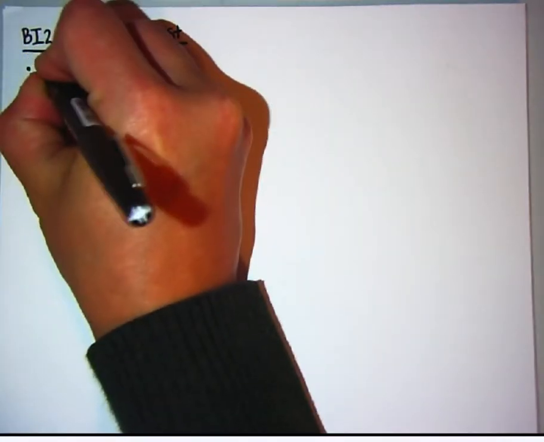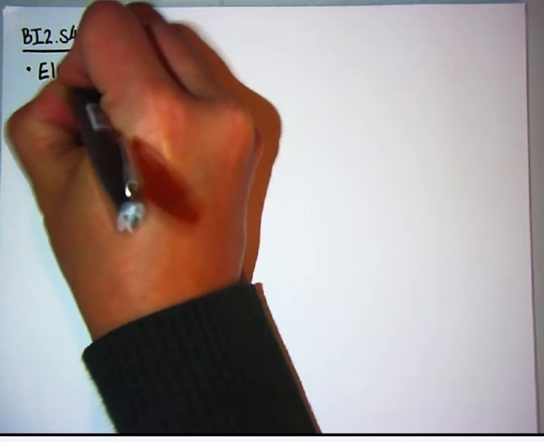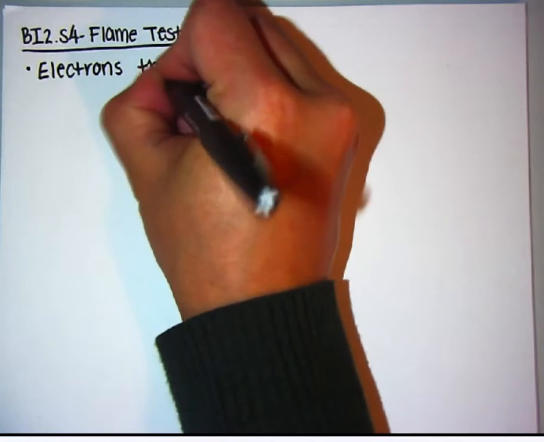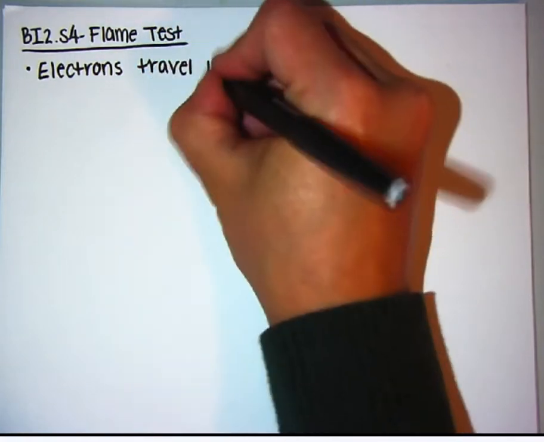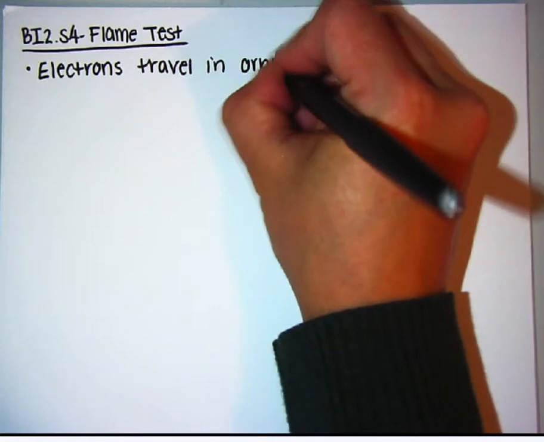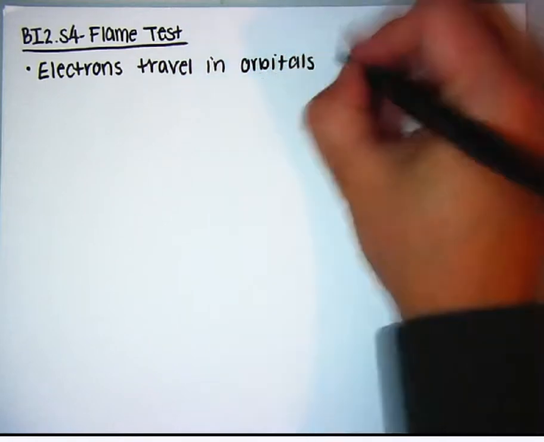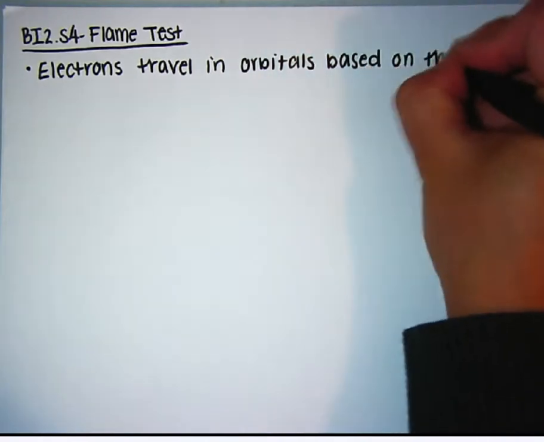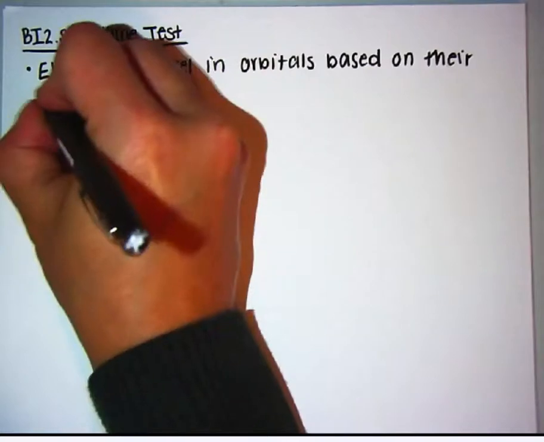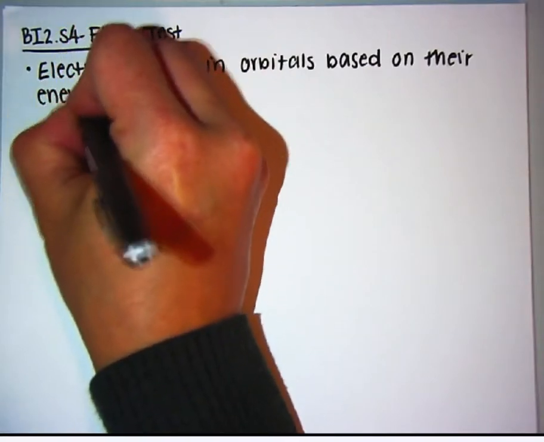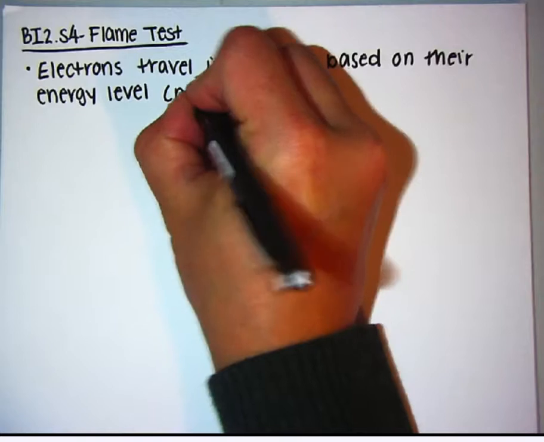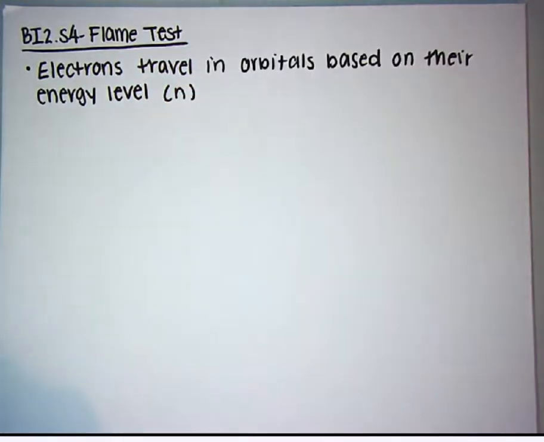So when we learned about the different models of the atom, we learned that electrons travel in orbitals based on their energy level. And when we are labeling our models of the atom, we use the letter N to represent the energy level.